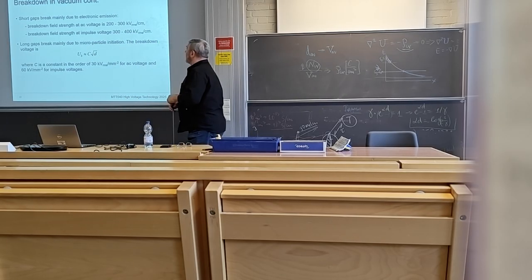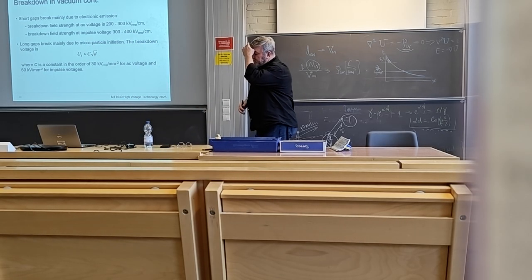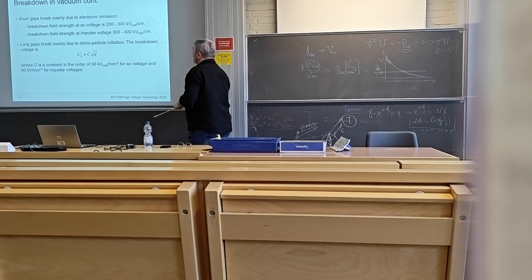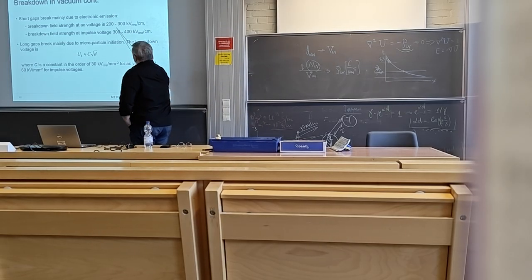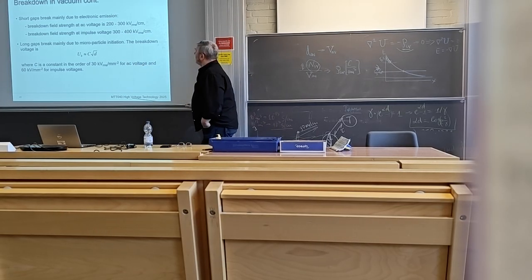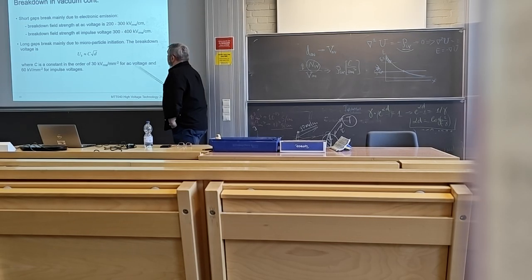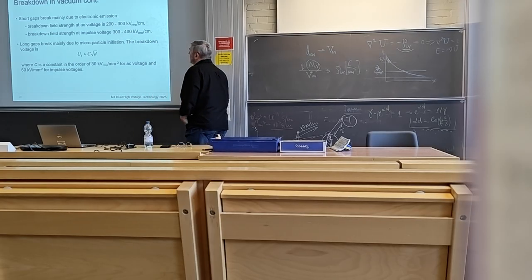What levels of strength one can reach with the vacuum insulation, it's quite actually high, up to 200-300 kilovolt per centimeter. The impulse voltage is even higher because there is a need for the discharge to develop due to the statistical variations.